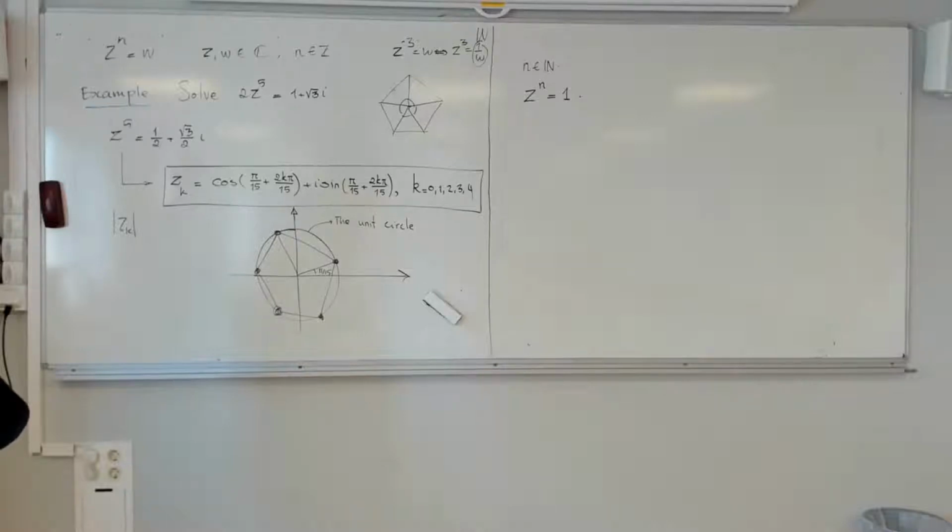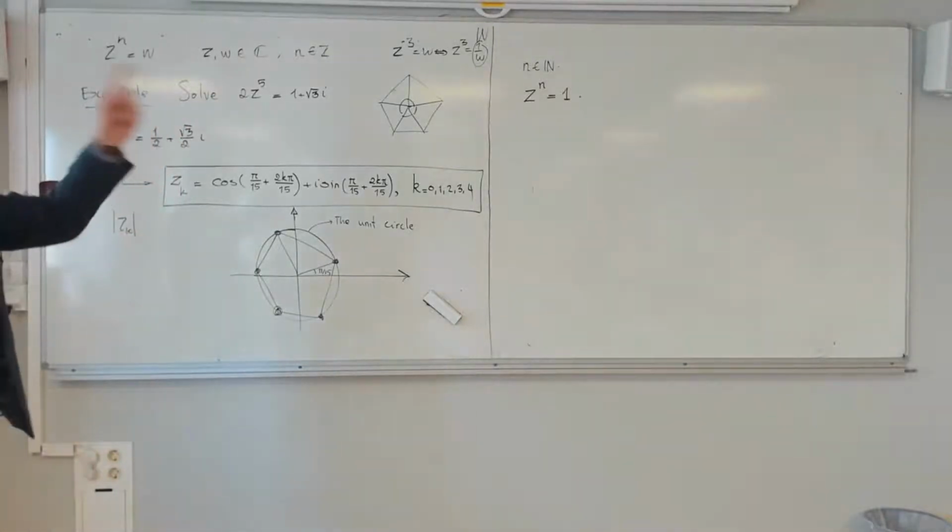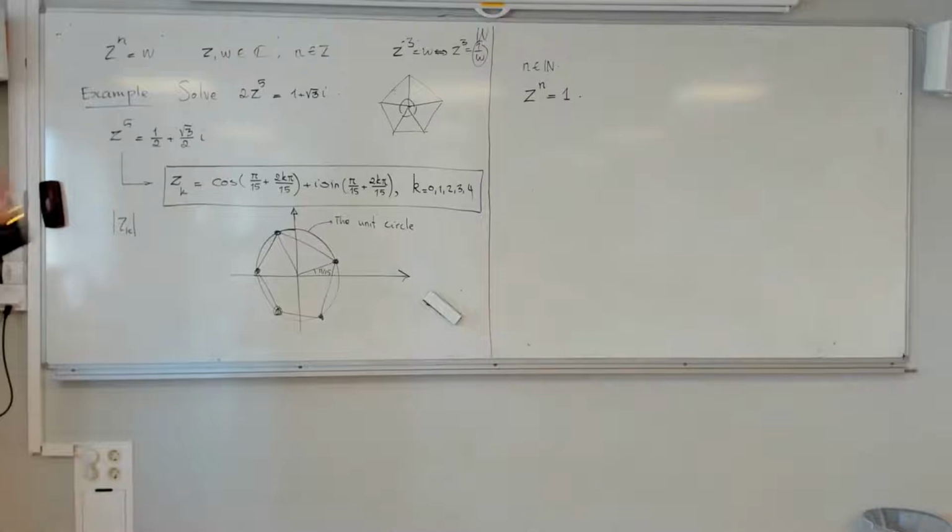If n is even, then we have two solutions, plus and minus 1. But if n is odd, we have only one solution. But here, how many solutions do you guess if I extend to the complex numbers now? n. Always n.